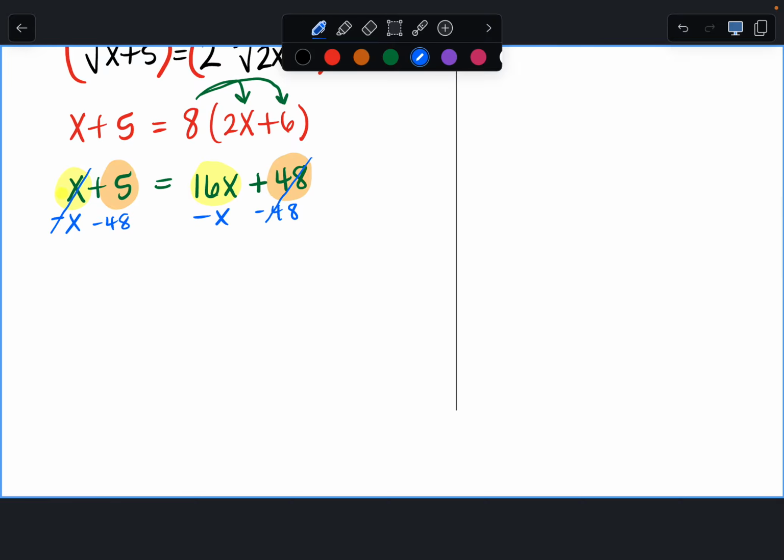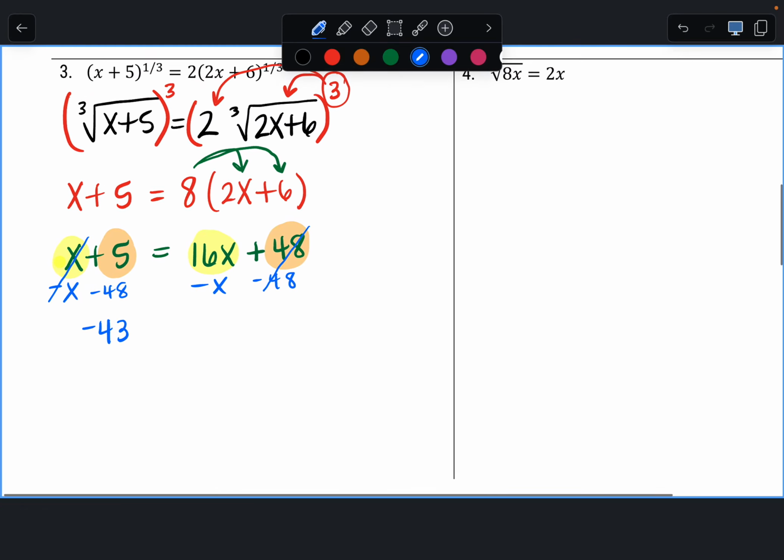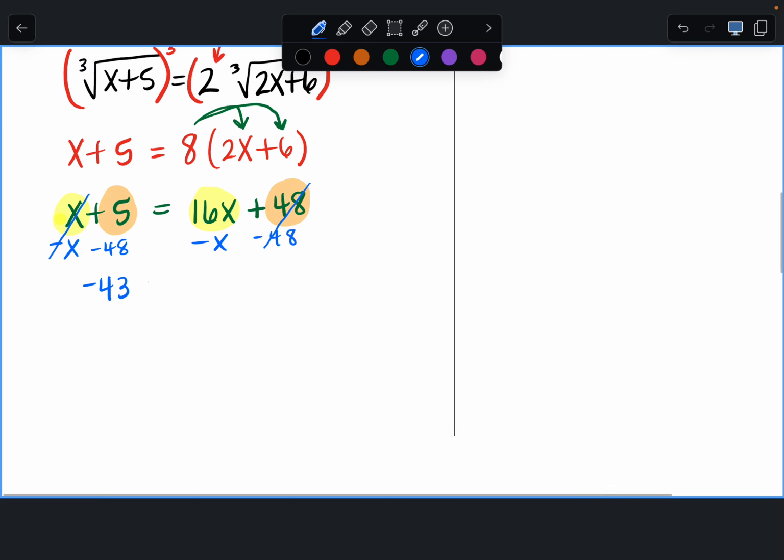And remember, when we have a GCF, it's like you're going in and you're dividing every single term by that GCF. So when I have negative 12x squared divided by negative 6x, I'm going to get 2x because negative 12 divided by negative 6 is positive 2, and x squared divided by x is x.